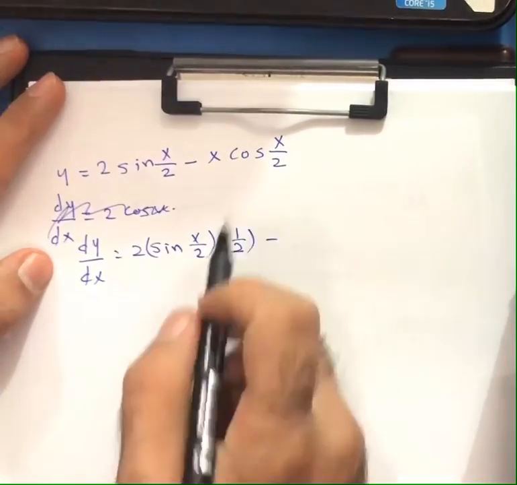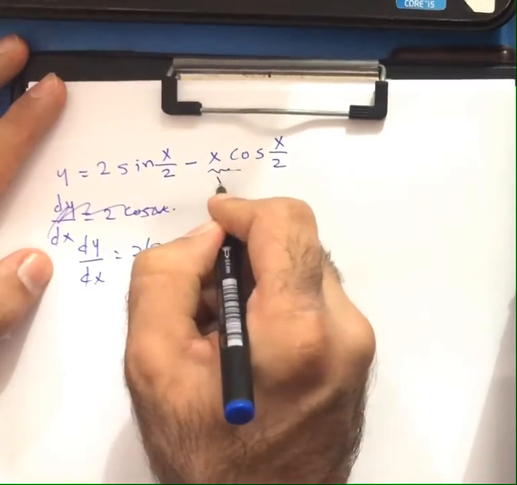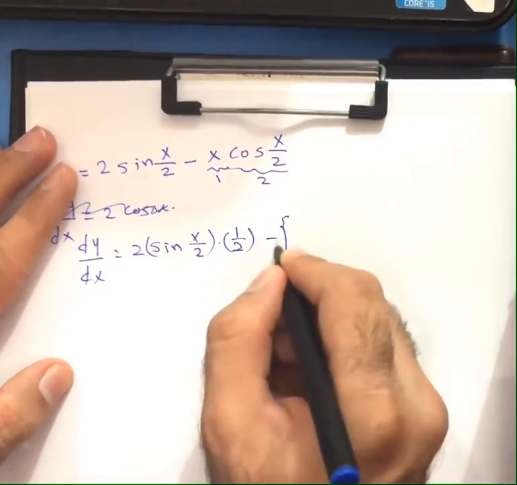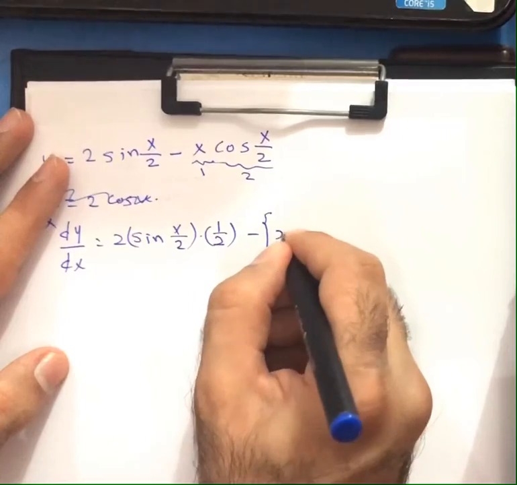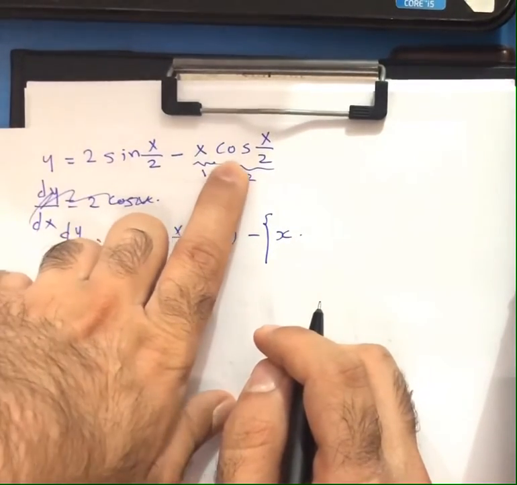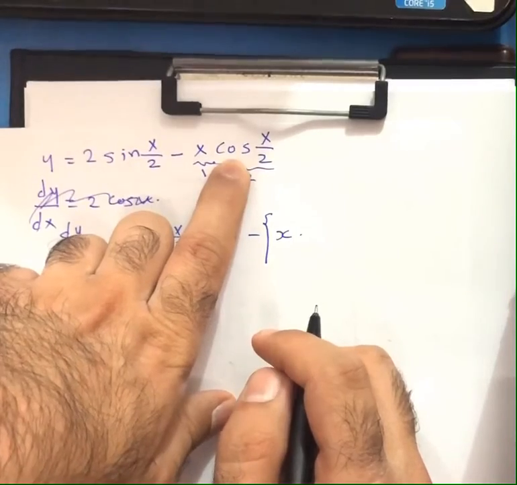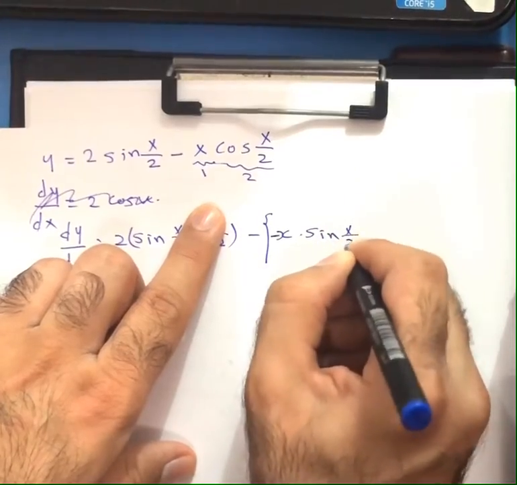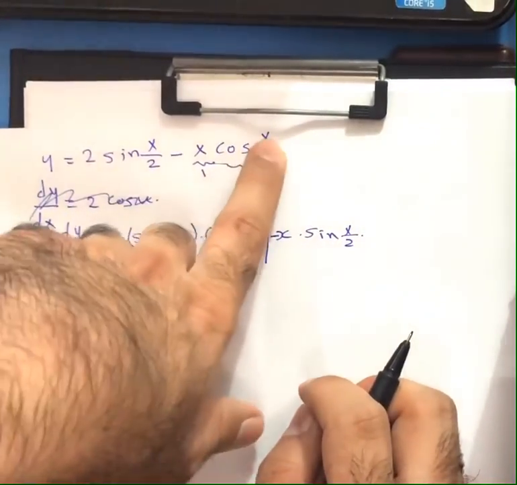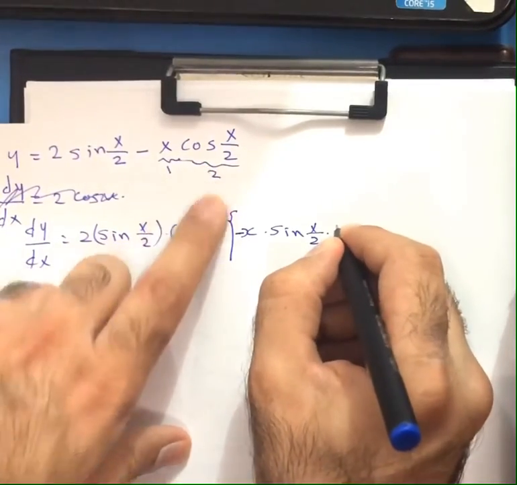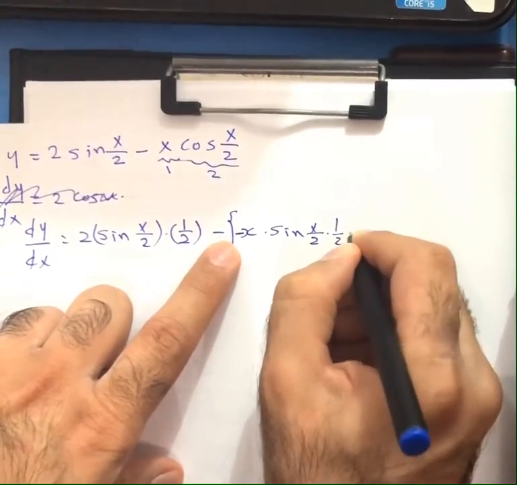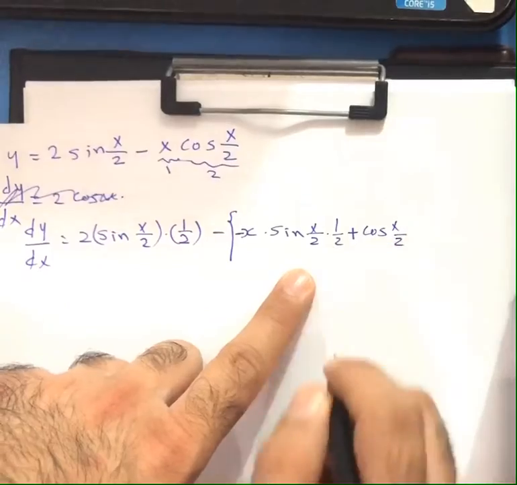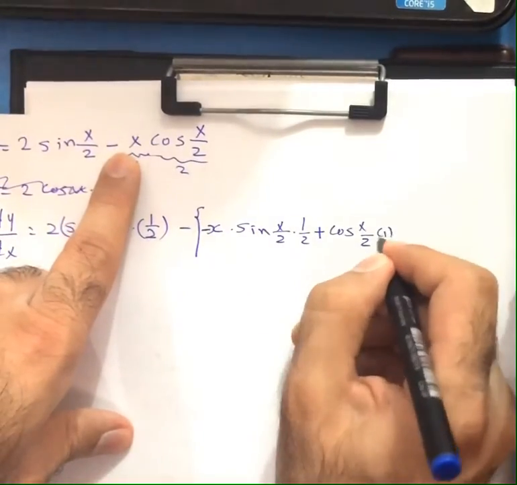Minus. Now this is the first function multiplied by the second function, so let me open the bracket because here is a minus sign. The first function, which is x, multiplied by the derivative of the second function. The derivative of cosine is minus sine, so I will write here minus sine x over 2 multiplied by the derivative of the angle, which is 1 over 2, plus the second function, cosine x over 2, multiplied by the derivative of the first function, which is 1 only.